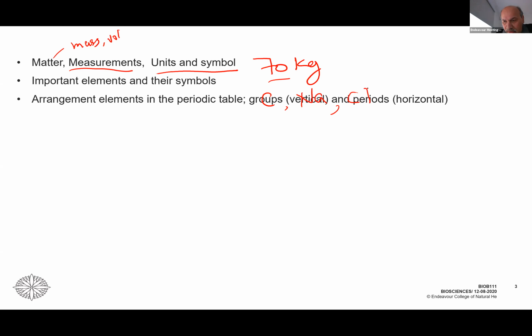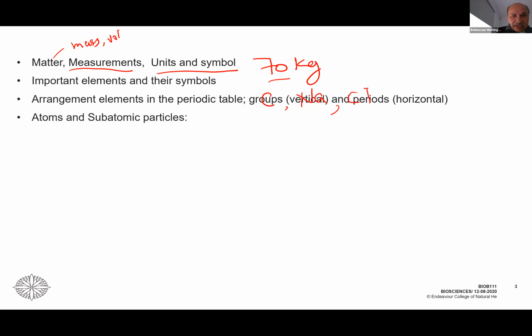In groups, you have the Roman numerals as well, 1 to 8 Roman numerals, or the IUPAC system, so they have 1 to 18. We also have in the periodic table A's and B's. The A's are the representative elements or the common elements, and the B's are the transition elements. Okay, I will pull out that very soon.